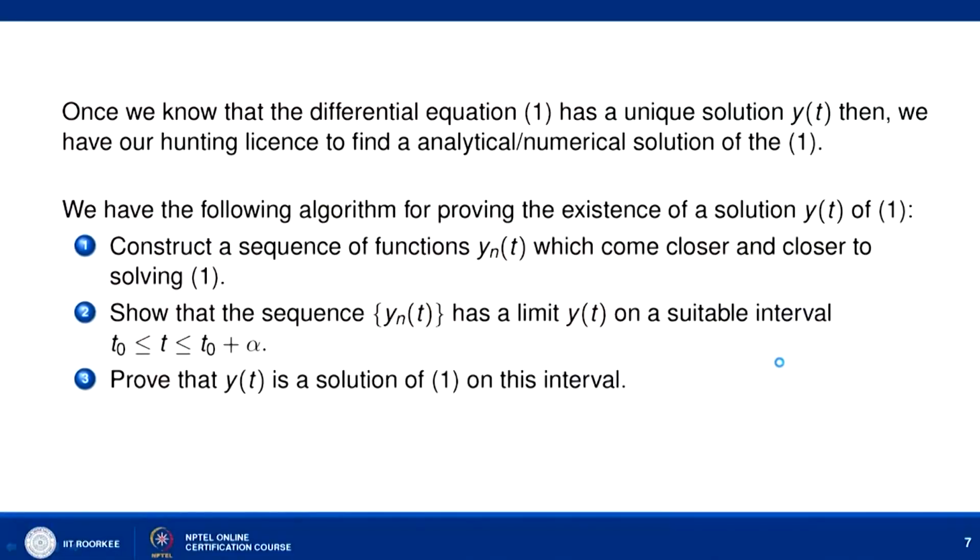So, in this lecture and the coming lecture, we want to discuss the conditions by which we can solve these 3 questions. Once we know that the differential equation 1 has a unique solution y(t), then we have a license to find an analytical or numerical solution of 1. So, first we want to consider whether a given differential equation has a solution or not.